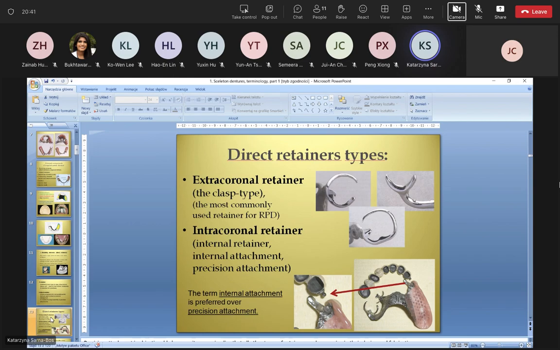Because of that, we have two types of direct retainers. Extracoronal retainer, this is the clasp type. This is the most commonly used retainer for RPD, removable partial denture, and you can see on the picture many types of clasps. And another one, intracoronal retainer, in other words, internal retainer, internal attachment, precision attachment.